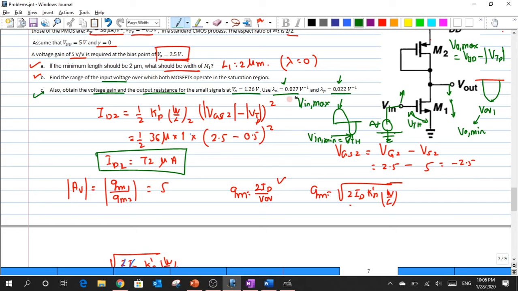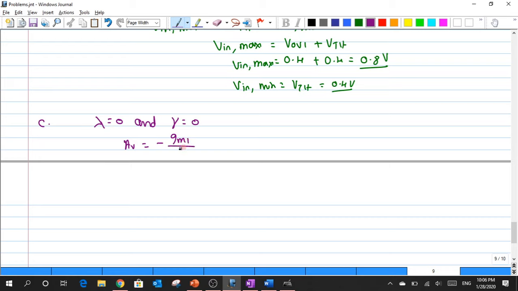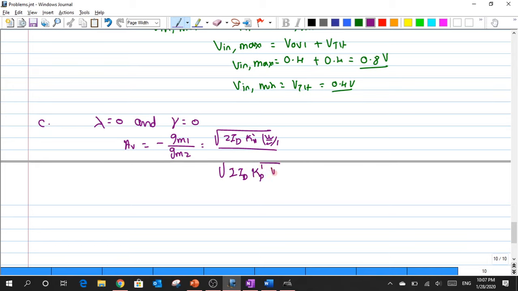Now, when lambda is equal to 0 and gamma is equal to 0, the gain expression of this diode connected configuration ends up as a ratio of gm1 by gm2, right? If I expand, I end up with what we have done before, the same old story: 2ID, Kp dash W by L of 2.